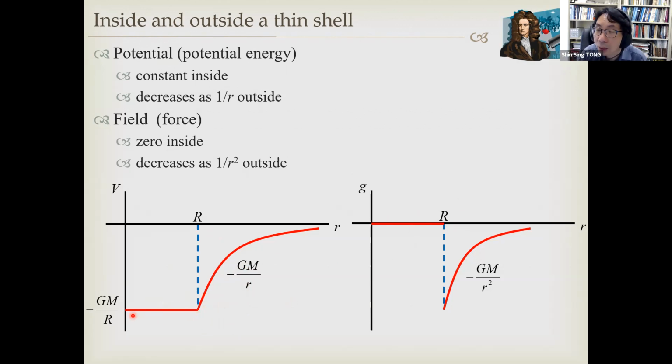So the potential inside will be a constant, equal to the potential on the surface, which is minus GM over capital R. So you have a constant potential here.